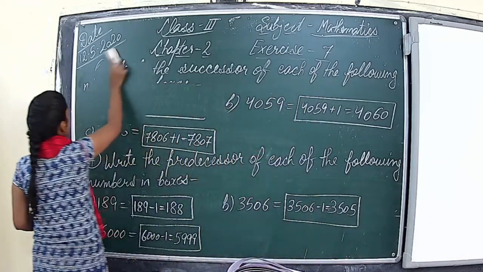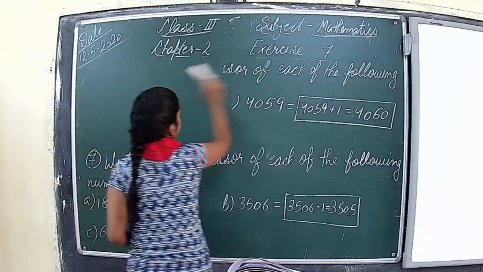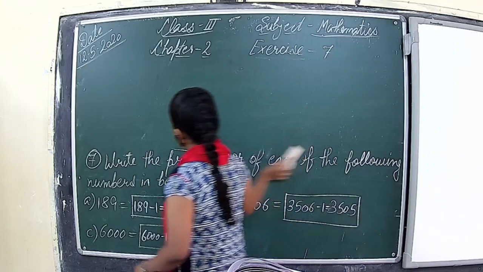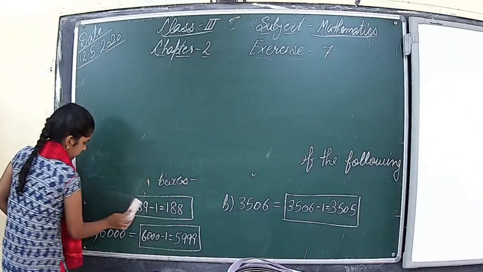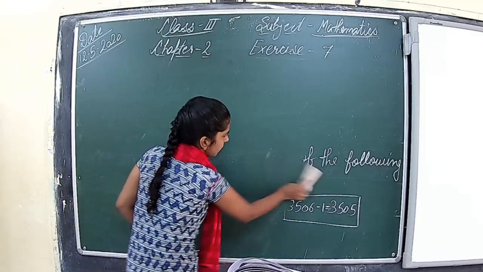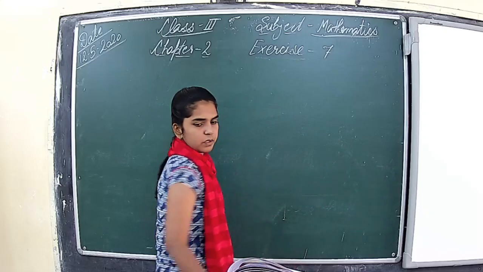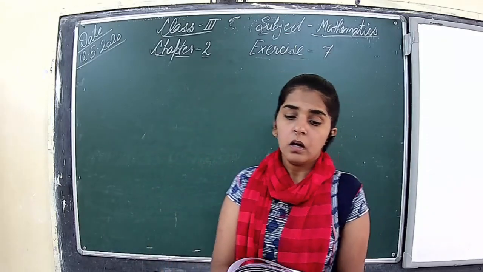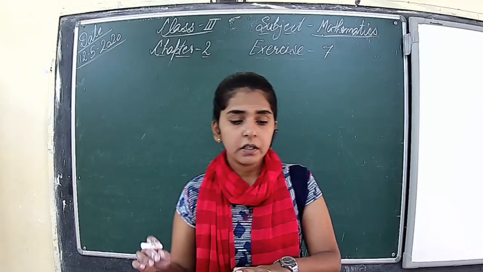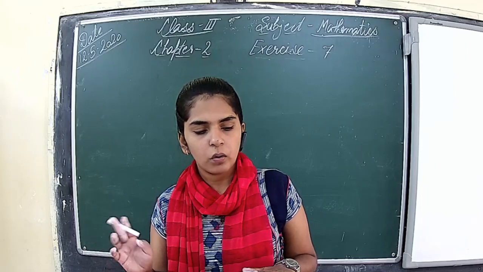Okay? So let us move towards our next question. Question number 8 is, write the smaller and the greater numbers of 2 digits using 9 and 2, only once.